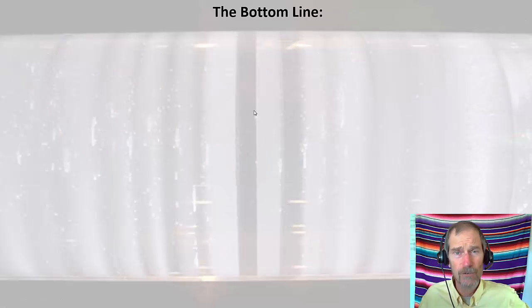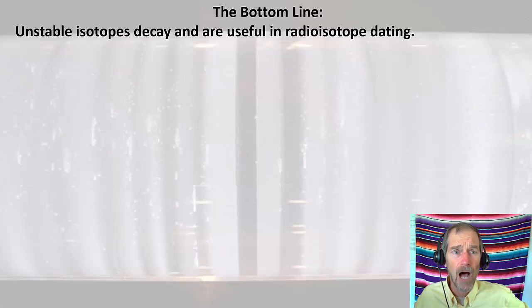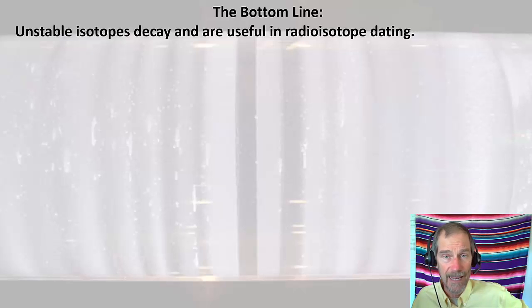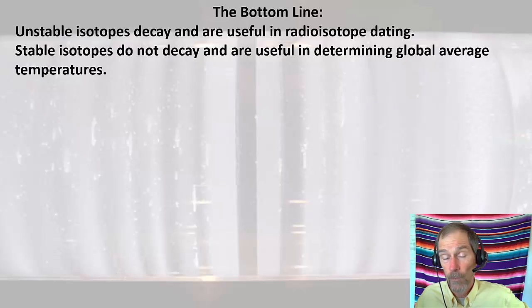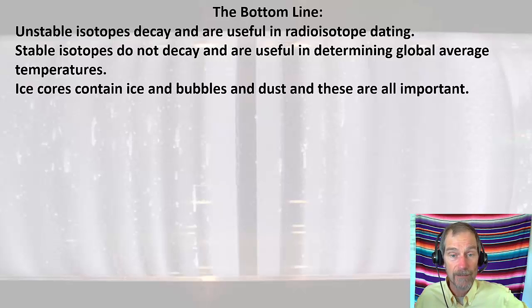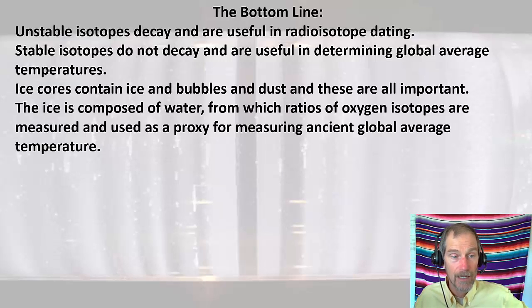So here's a review, the bottom line. Unstable isotopes decay and are useful in radioisotope dating. Stable isotopes do not decay and are useful in determining global average temperatures. Ice cores contain ice and bubbles and dust, and these are all important. Ice is composed of water, from which ratios of oxygen isotopes are measured and used as a proxy for measuring ancient global average temperature.